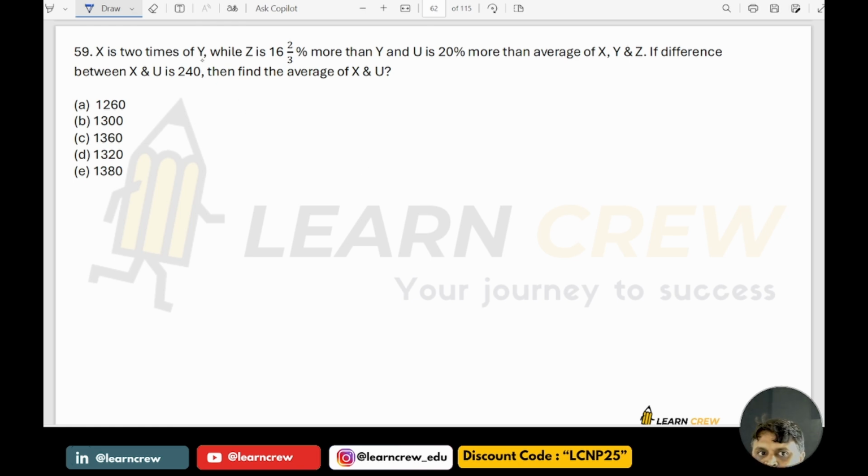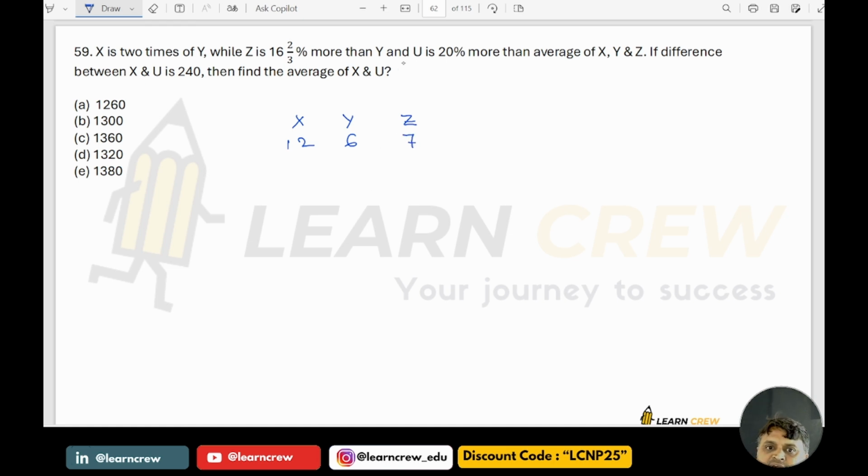I am taking Y as 6. X would be 2 times of Y, means 12. Z would be 16 2 by 3, 1/6 more, so 7.